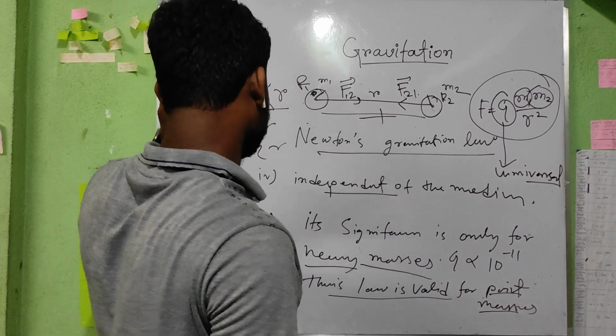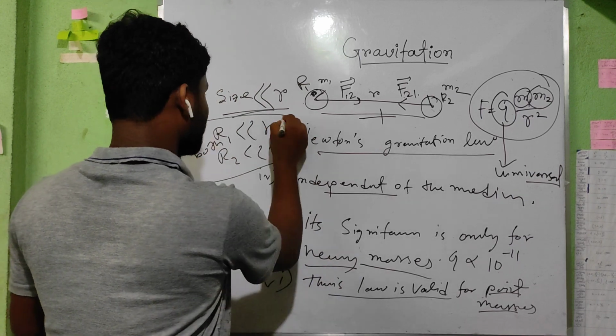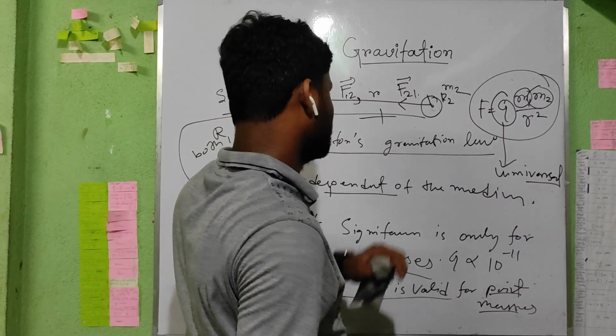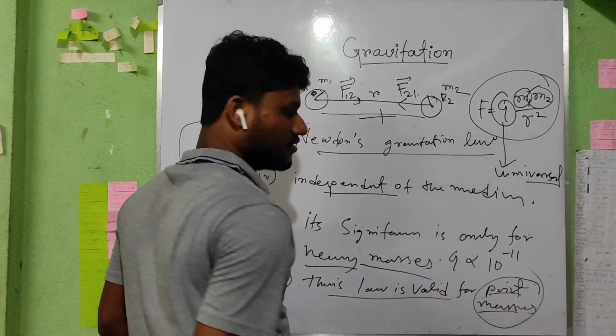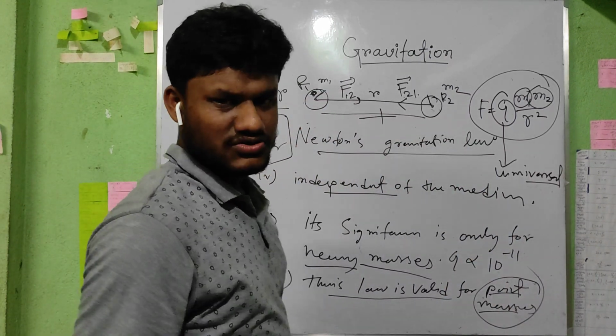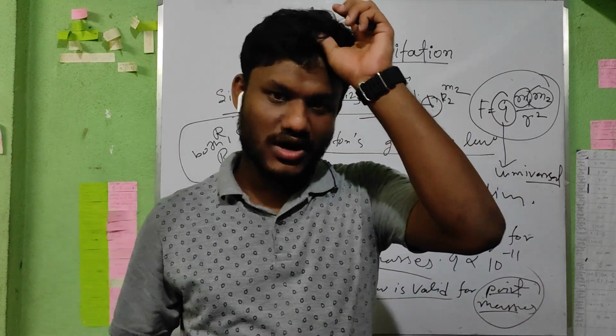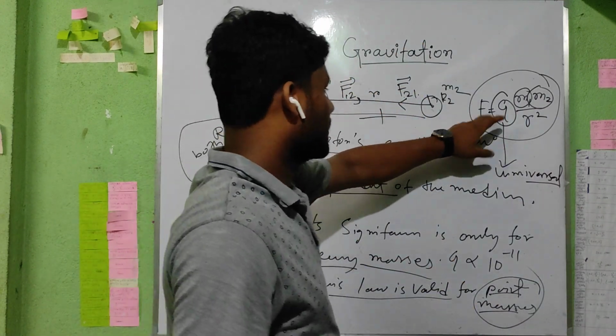If this is true, then they can be treated as point masses or unit masses. So this rule is only valid for point masses. These are the more significant things you have to understand to understand gravitation.